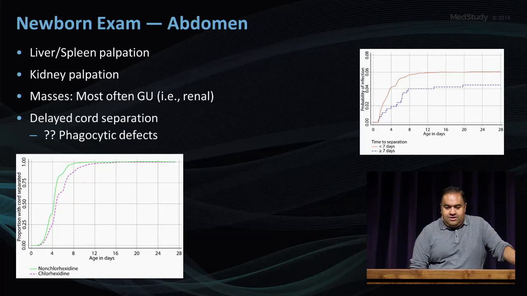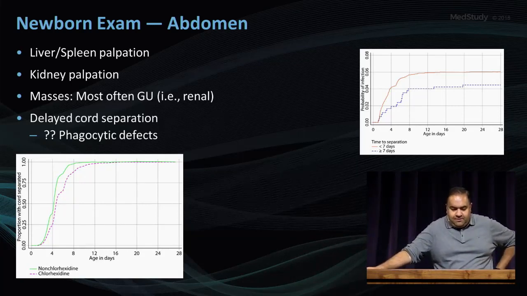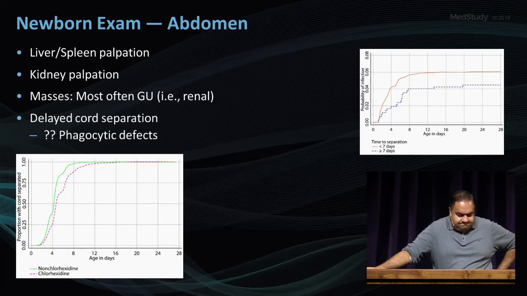All right, newborn exam, abdomen. Liver, spleen, palpation. These are the things that you want to take a look at. The most common mass of the abdomen is probably renal in nature, so hydronephrosis is one of the biggest things that we worry about.